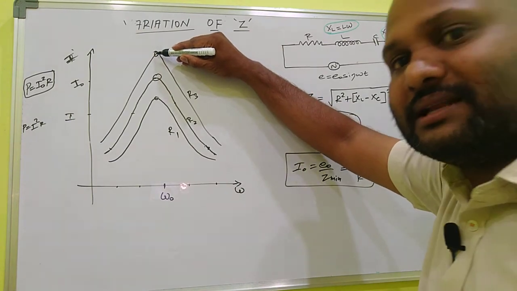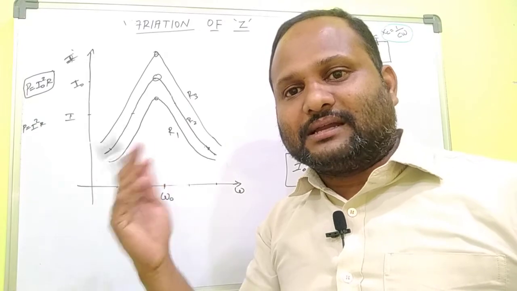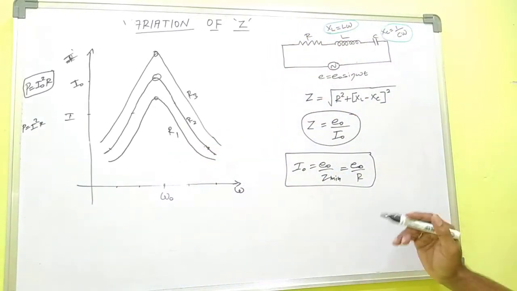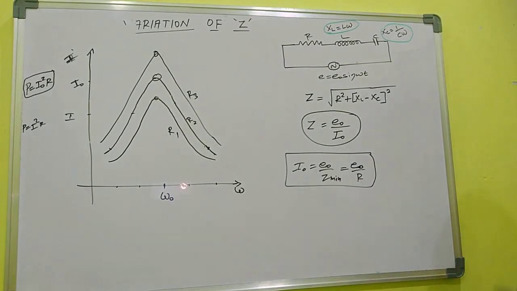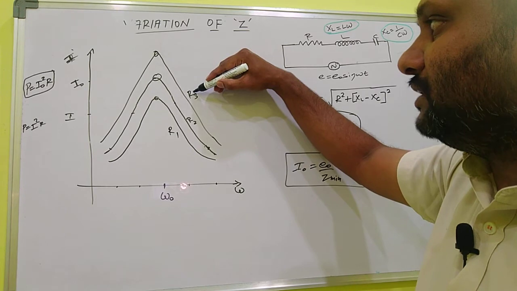We can easily find where the current is maximum. According to Ohm's law, resistance and current are inversely proportional. So when the current is maximum, the resistance is minimum.